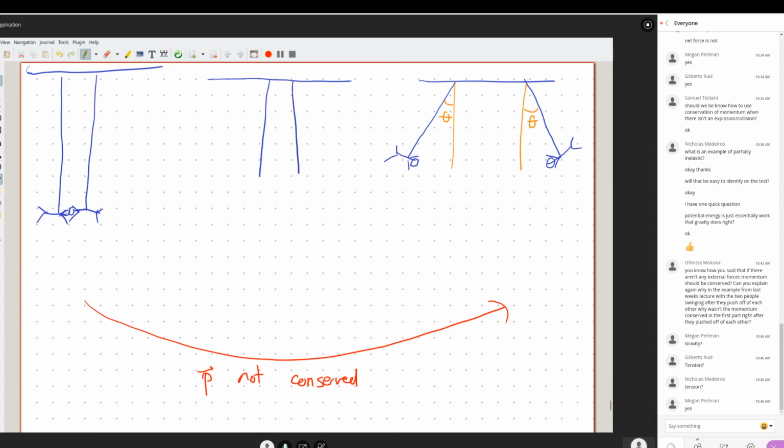The insight that I'm after here is that, going from this figure to that figure, this is like an explosion, right? I have two objects that are touching, and then they repel each other and push off. So since this is an explosion, how can I relate the first picture to the second picture?